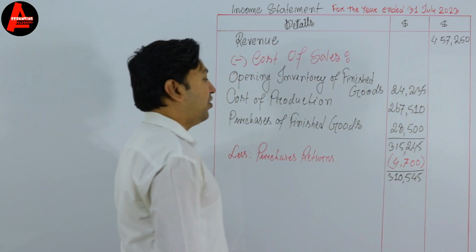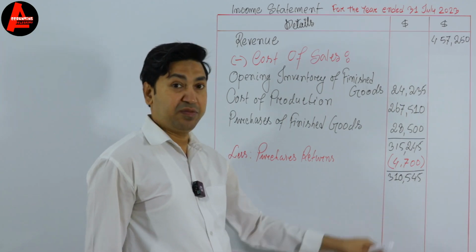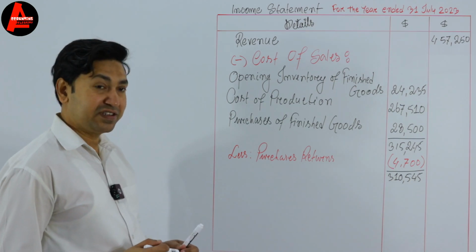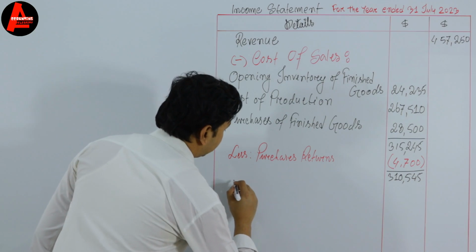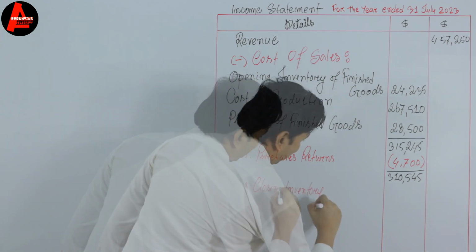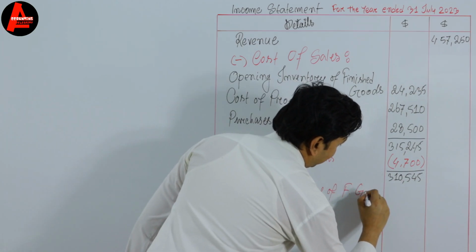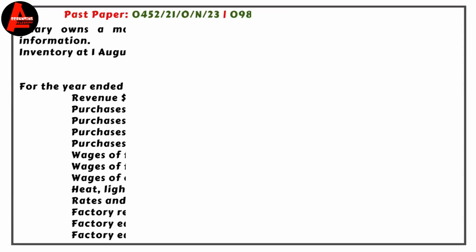From this amount, if we subtract our closing inventory of finished goods, we will calculate our cost of sales. So let us write here less or minus closing inventory of finished goods.